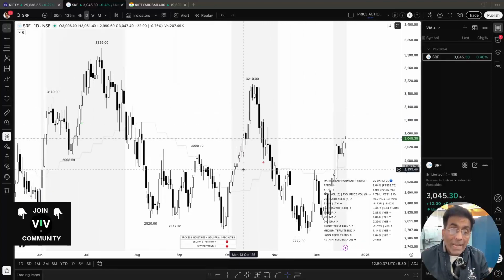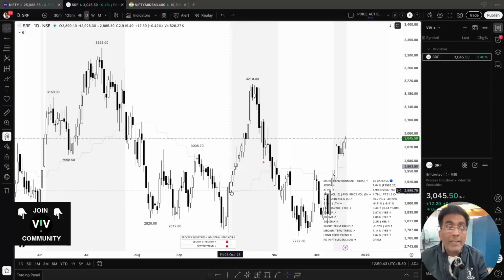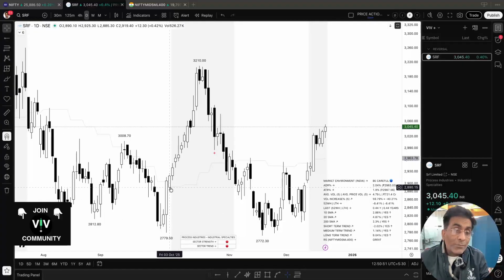If that is happening and you are getting any stock near the 10 moving average, then there is a high probability that your trade may succeed. Or if it fails, you can keep the stop loss under the 10-week moving average, or you can also do it like, if the trend again fails, I will exit, right?